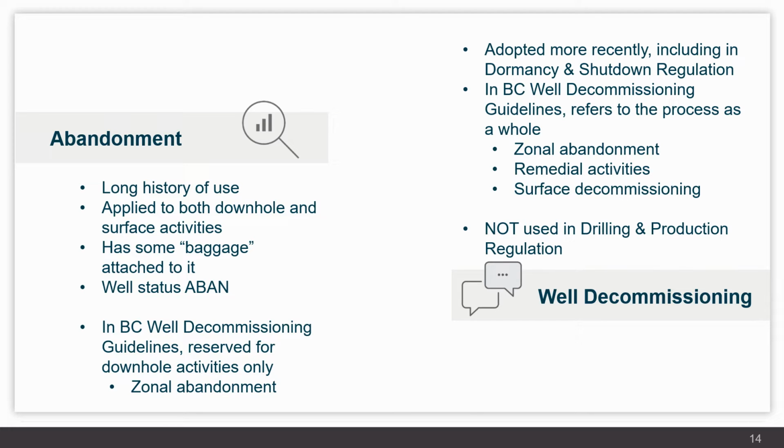Within the guidelines, well decommissioning refers to the process as a whole, which can include combinations of many different activities, including zonal abandonment, remedial activities, and surface decommissioning. However, it's important to note that well decommissioning is not the term used in the Drilling and Production Regulation. That regulation still refers to well abandonment.